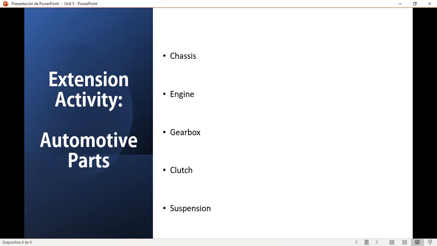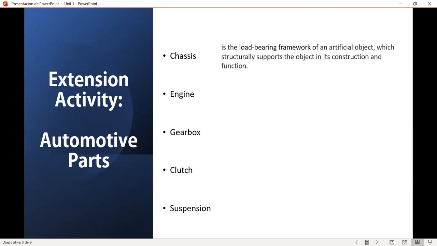So we can say that a chassis is the load-bearing framework of an artificial object, which structurally supports the object in its construction and function. That's a good definition for chassis.